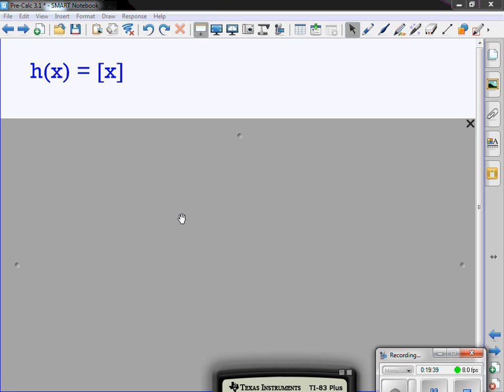So if I had 5, 5 is 5. 5.5 is 5. It goes down. Negative 5.5, think on a number line. Negative 6. It's moving down. So when you round down, think of a number line. It's moving this way always. If it's positive, 5.5 goes to 5. If it's negative 5.5, it goes to negative 6.